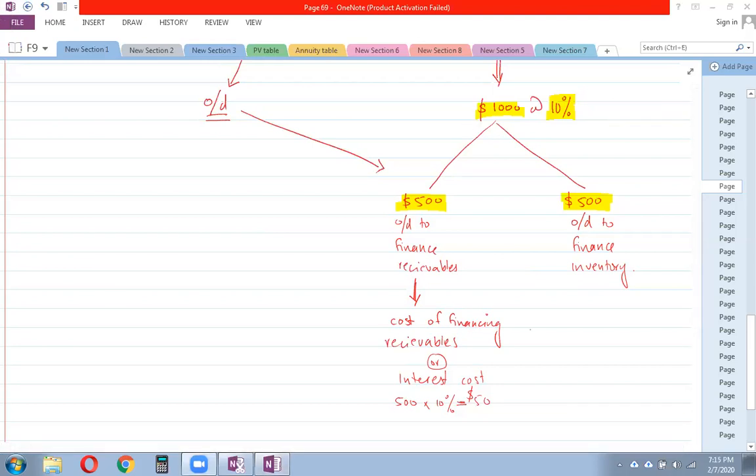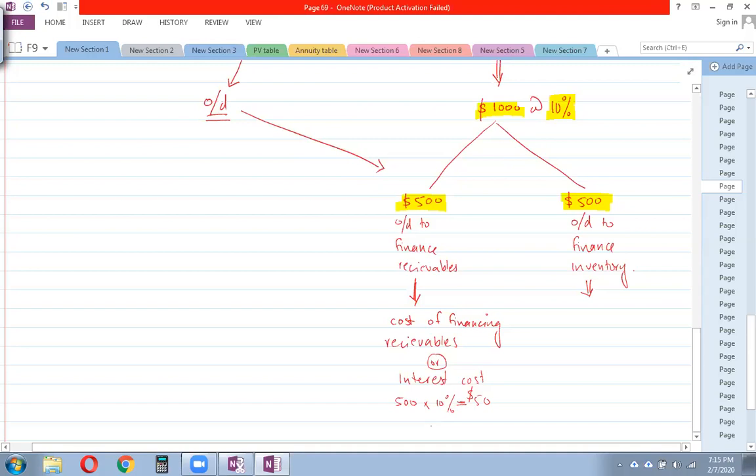So that's the finance cost, $50, but this is the finance cost relevant to the receivables only, right? Similarly, we can take the cost of financing inventory, and that will be again 500 multiplied by 10%, so that will be $50, right? So we multiply the receivables by the interest rate.